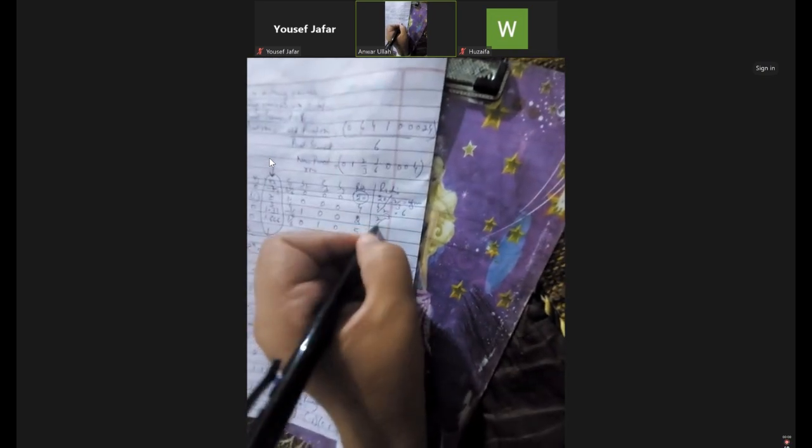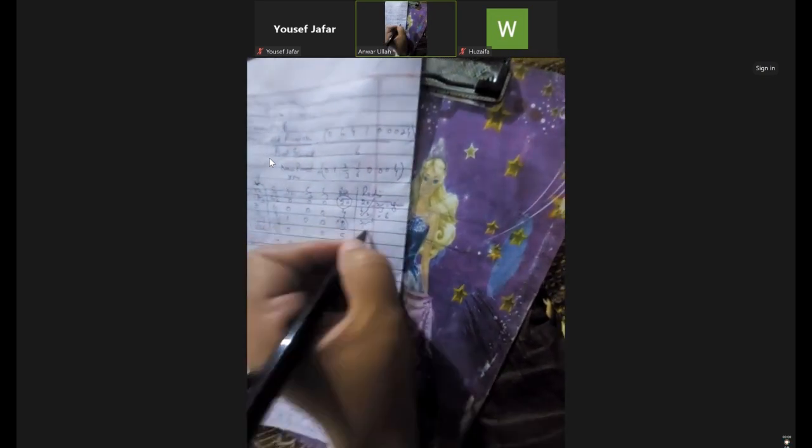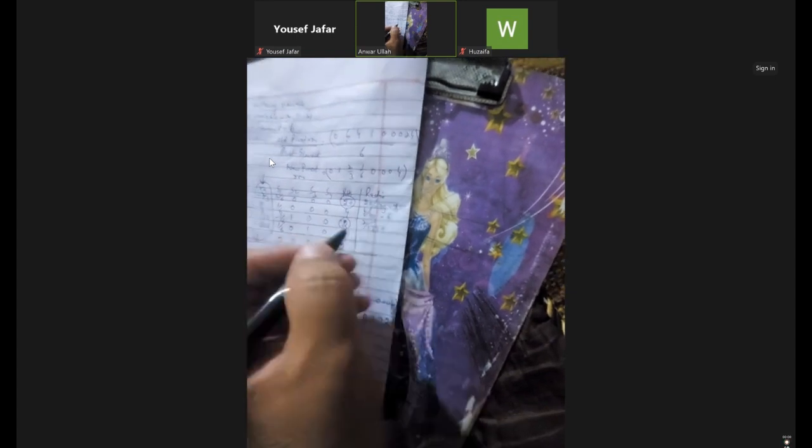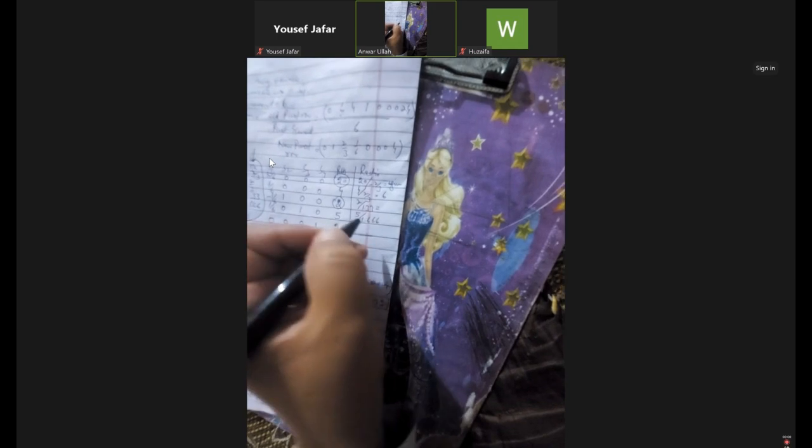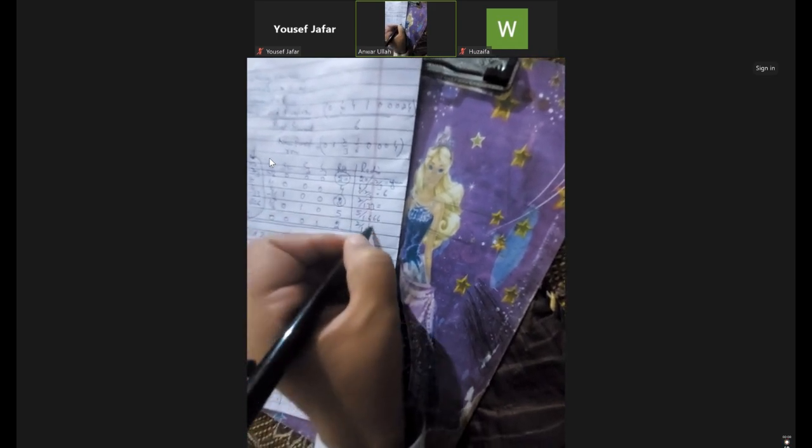Then 4 divided by 2 by 3 becomes 6. Now 2 divided by 1.33, and 5 divided by 1.666, and 2 divided by 1 is equal to 2.